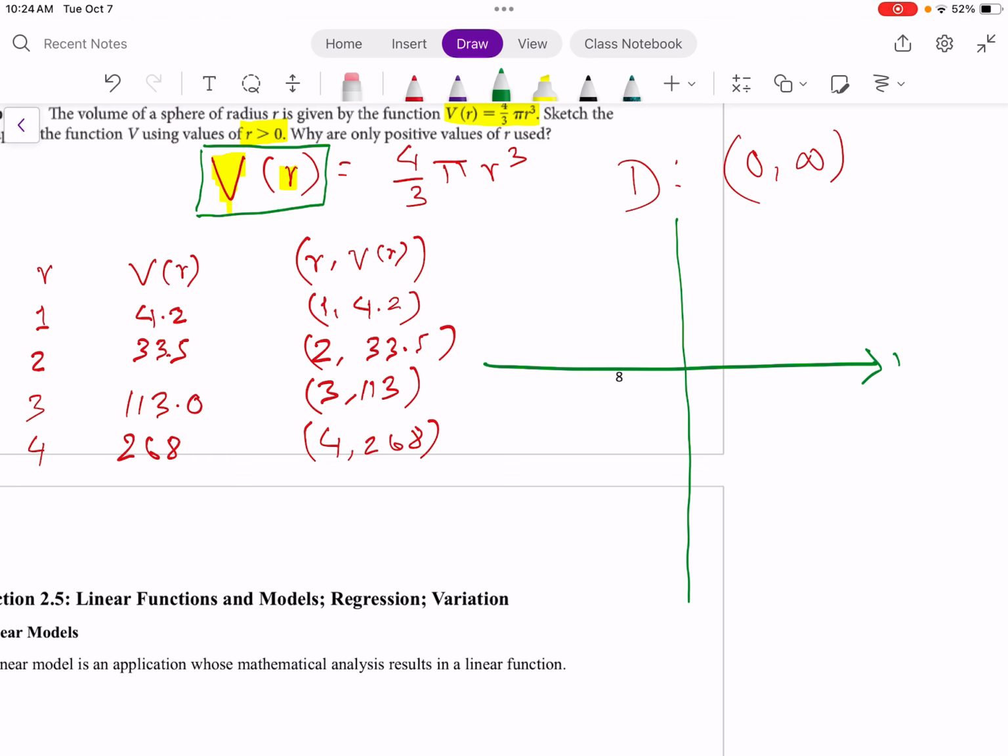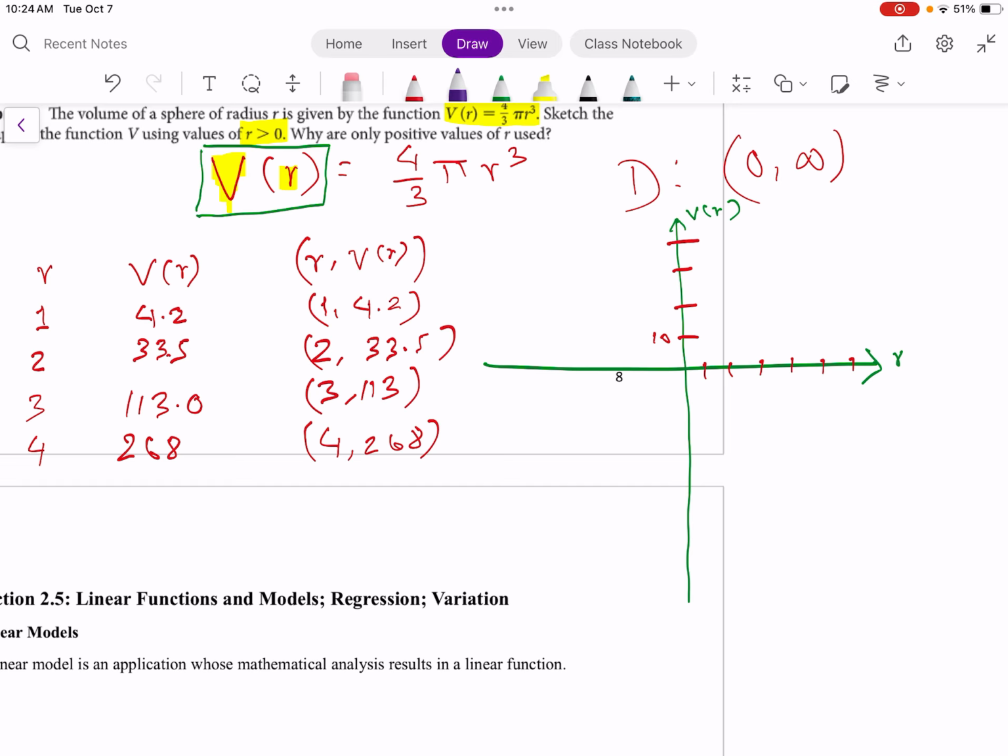Always input has to be your horizontal axis, and the output V of r has to be the vertical axis. Okay, so our r is 1, 2, 3, 4, 5, 6. Okay, it's a big number. Let's say this is 10, 20, 30, 40 and so on.